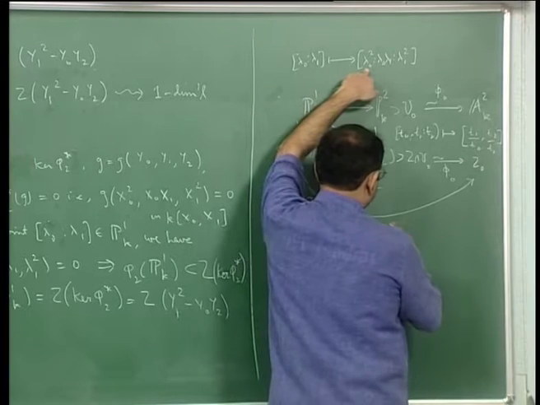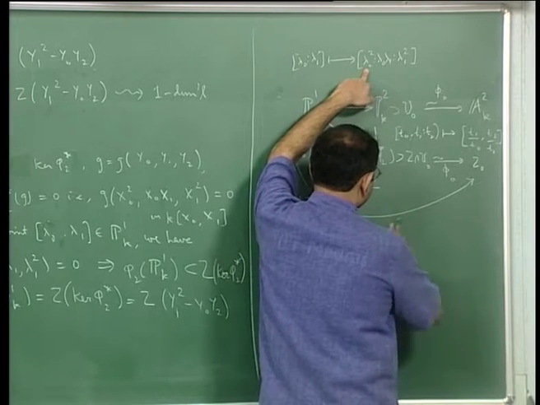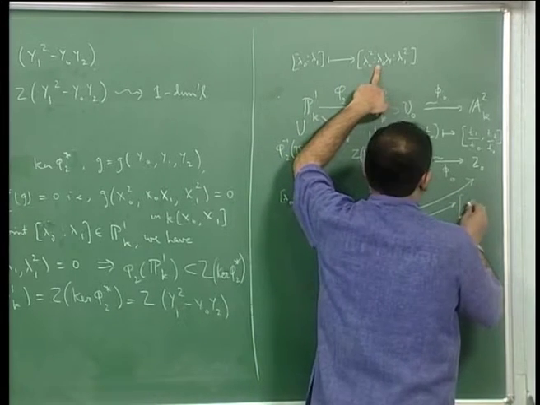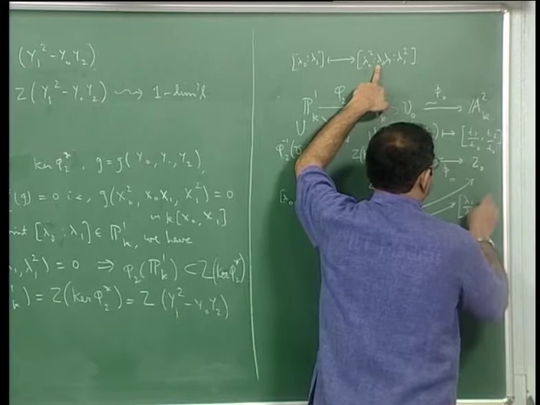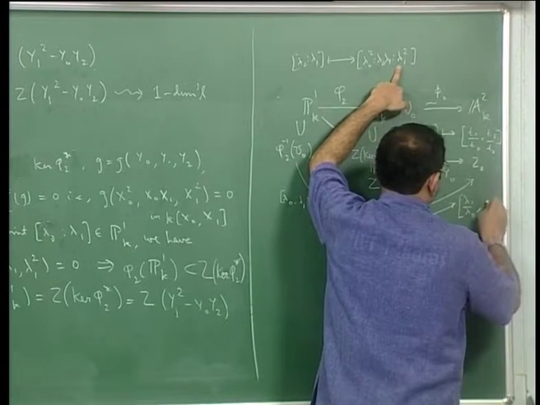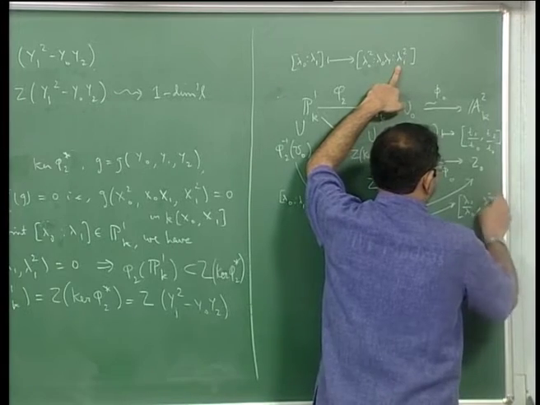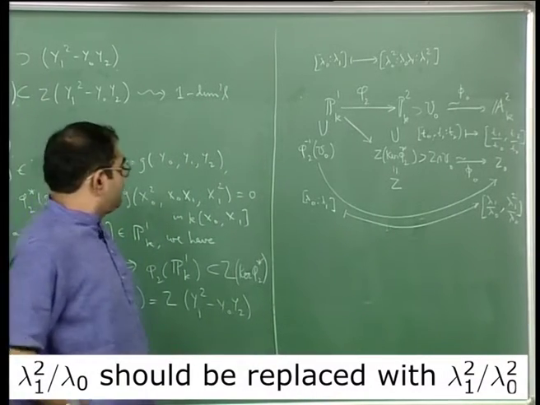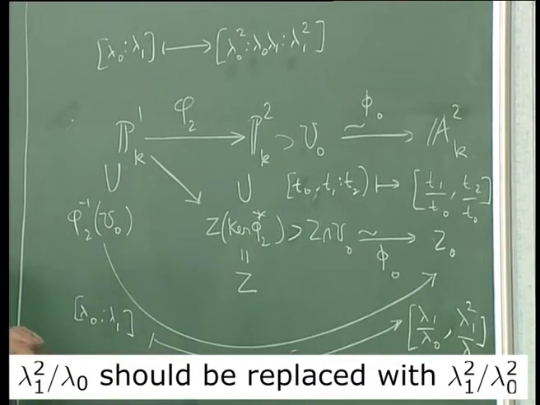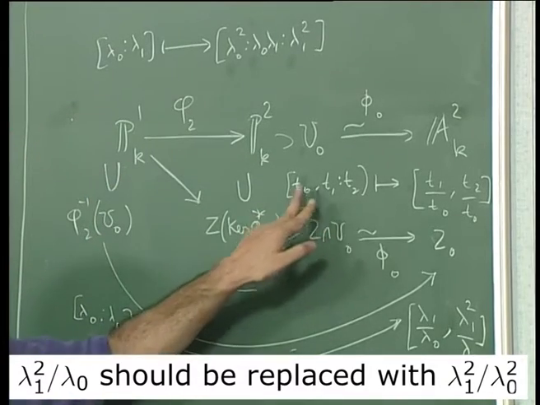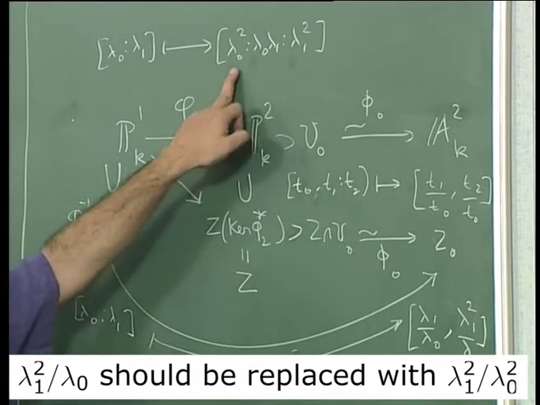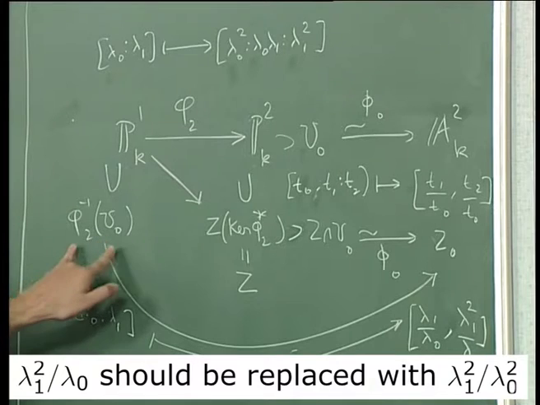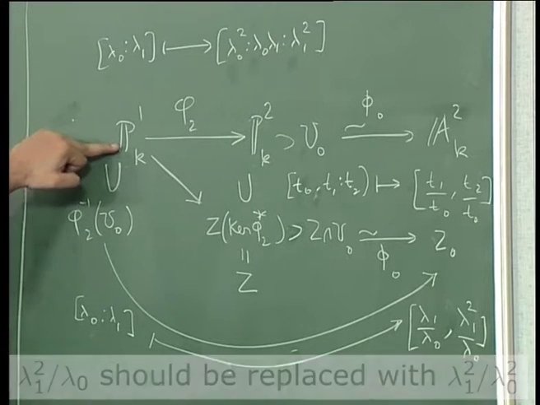So finally if I go all the way to Z0, I divide by lambda naught, so I will get lambda 1 by lambda naught comma lambda 1 squared by lambda naught squared. This is the point I get when I follow it all the way up. And mind you, since I am taking inverse image of u0, lambda naught squared is not 0, which implies lambda naught is also not 0, which means this thing is actually in the u0 corresponding to this projective space.